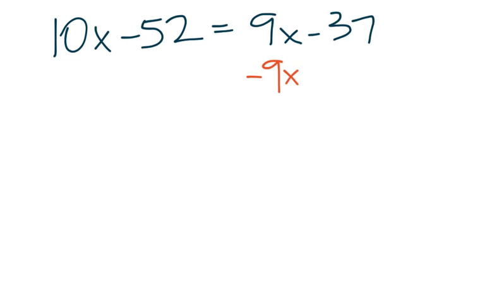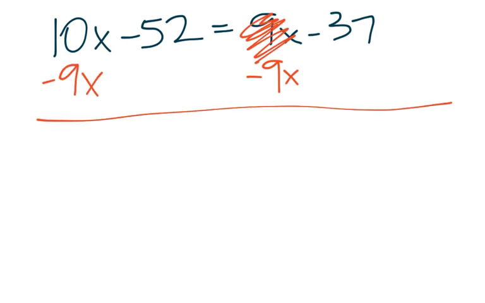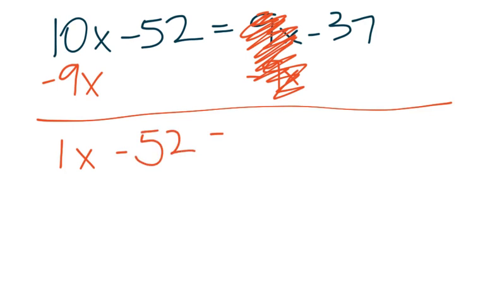So we're going to always move your smaller x. That way you don't have negative x's. So if I subtract 9x from both sides, I get 1x over here minus 52 equals negative 37. Let me remember my negative 37.